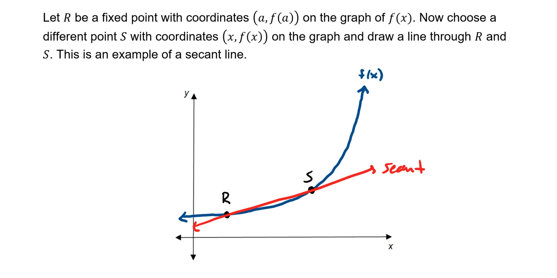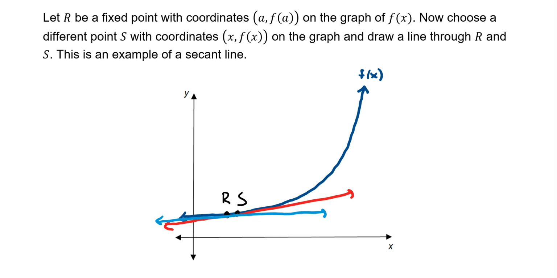Once S gets infinitely close, right on top of point R, the slope of the secant line will be the slope of the tangent line. So basically the closer S gets to R, the better the approximation for the slope of the tangent line. Let's do it one more time here. Let's imagine that S is right next to R. That secant line is very close to what our tangent line actually is, right?